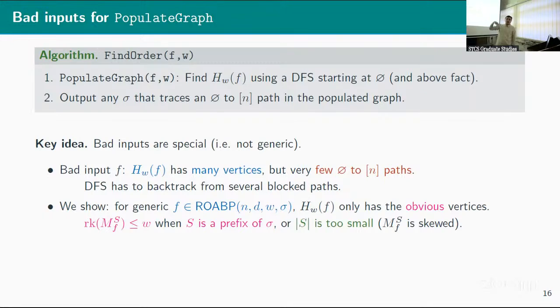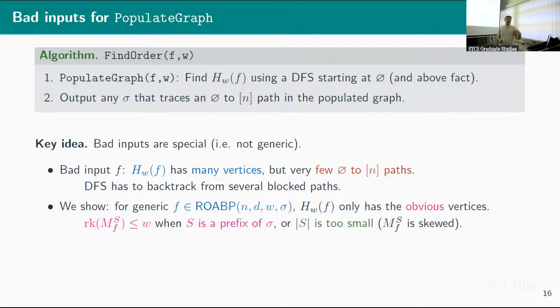You'll also have vertices corresponding to the reverse of sigma, not the inverse, just because rank of A is equal to rank of A transpose. So if w is at most poly(d), then these are exactly all the vertices in H_w(f) for a generic polynomial.